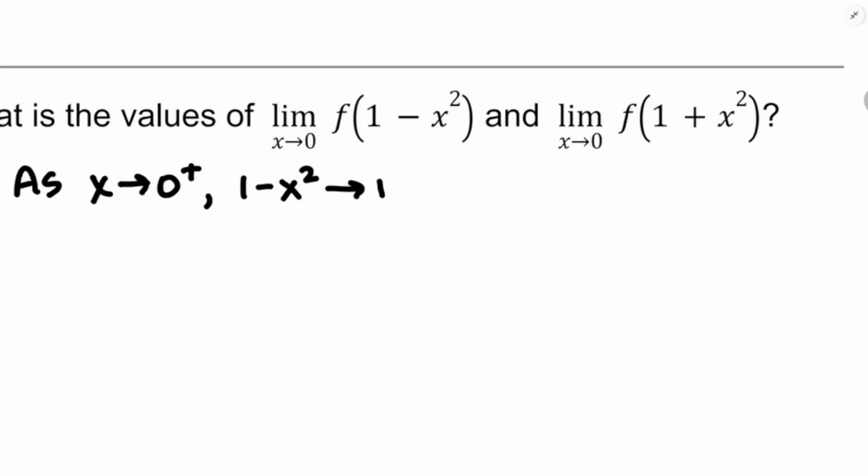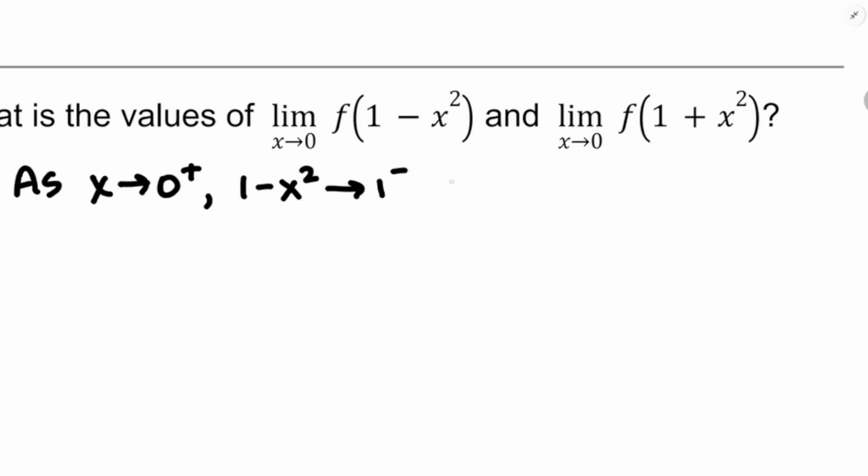As x approaches 0 from the positive side, 1 minus x squared is definitely going to approach 1, right? We're getting closer and closer to subtracting 0. But if we think about what we're subtracting, as x is not equal to 0 but close to 0 from the positive side, we're going to be subtracting a really small positive number. So we're approaching 1 from below.